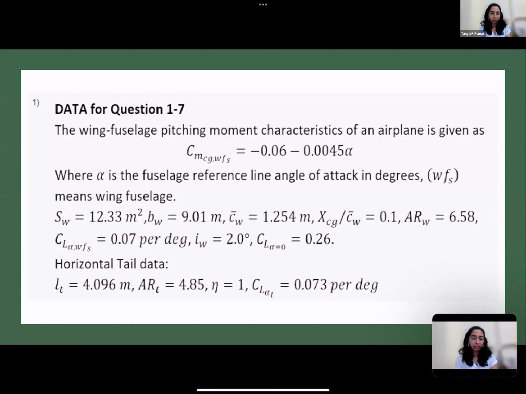S is the area of the wing, span of the wing, mean chord of the wing, XCG upon C bar, aspect ratio of the wing, CL alpha of wing fuselage, CL naught, wing setting angle, and some data for the horizontal tail. Okay, so if I just look at this equation, just considering wing and fuselage, is it stable or unstable?